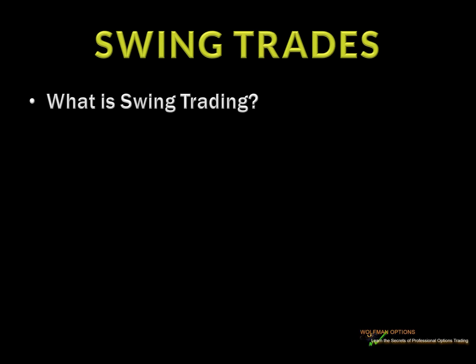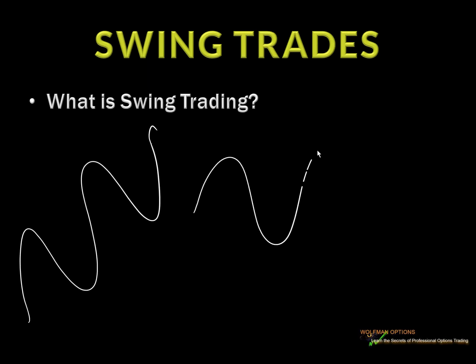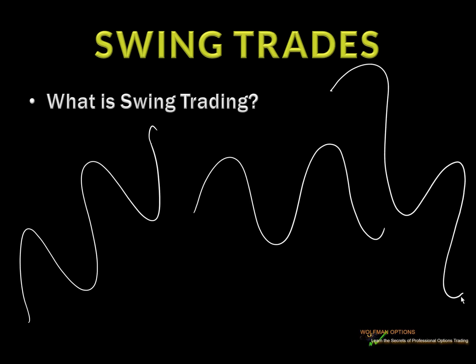One is, where's my good pen? There we go. So when we're swing trading, we'll see a market kind of trade like that, or sideways. It might go sideways or maybe down in a downward pattern. So ultimately, the idea of a swing trade is you identify an overall trend in the underlying.